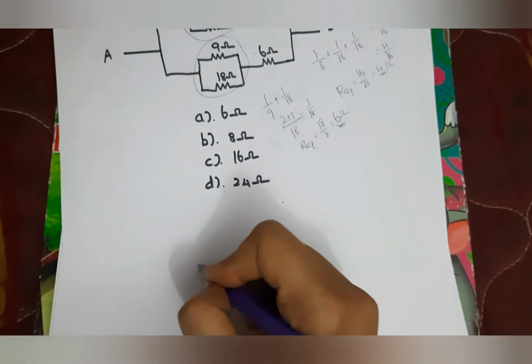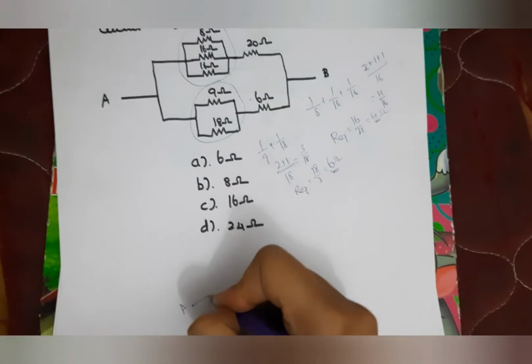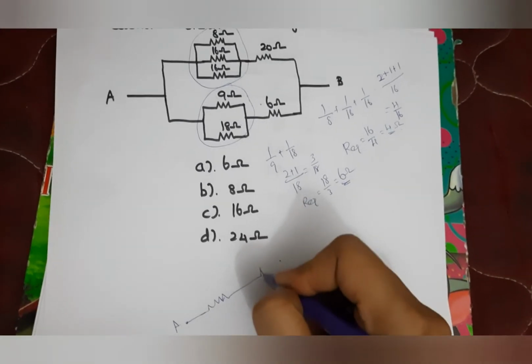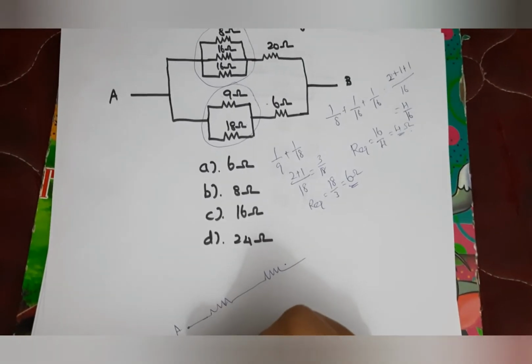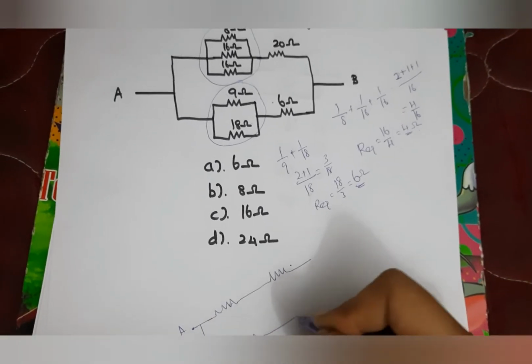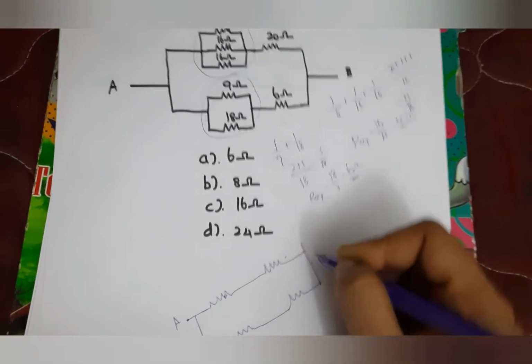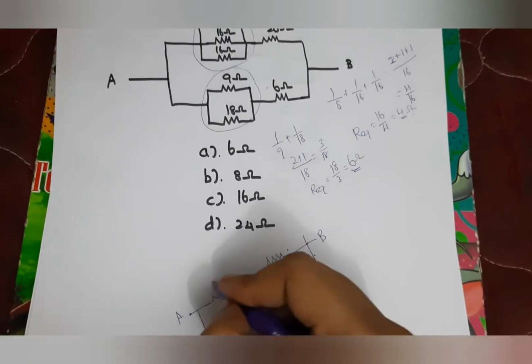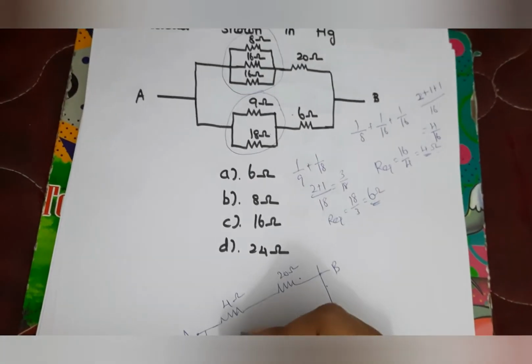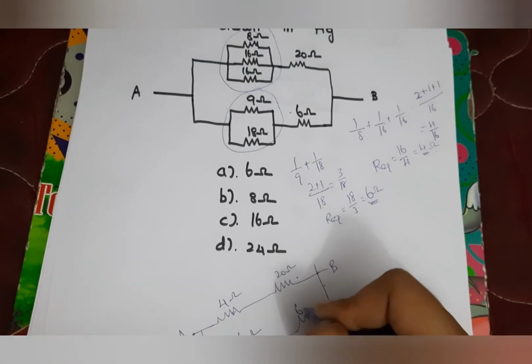So now we can redraw this, and this is 4 ohm and this is 20 ohm, this is 6 ohm and this becomes 6 ohm.